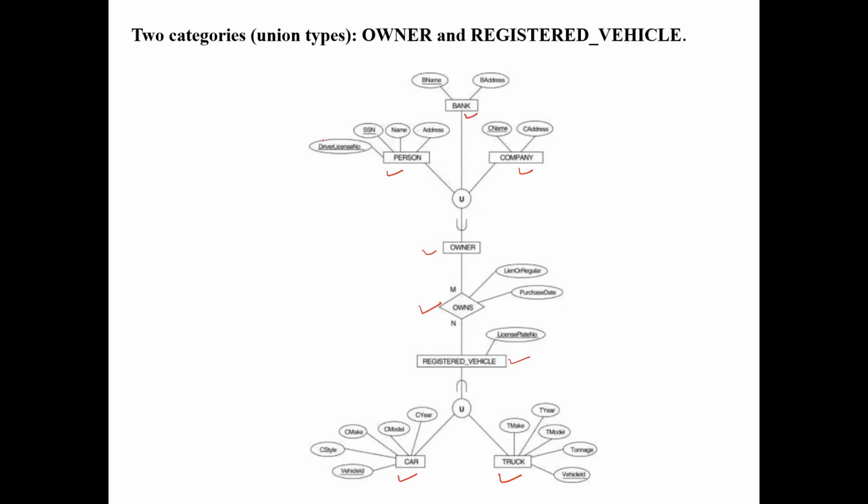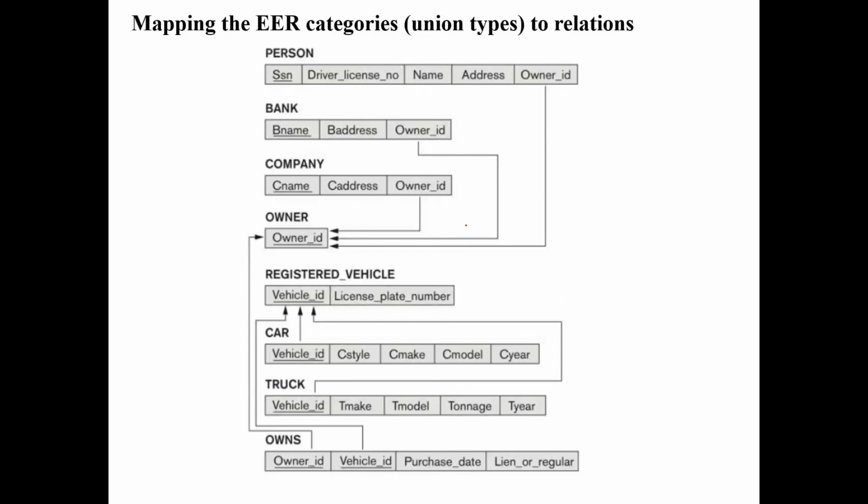In the union, or category, union means when superclasses are of different kinds and have their own different key attributes, then we can union all these in a single entity set and add a separate attribute that is called the surrogate key. In the example, person has social security number as the primary key and all the other attributes.